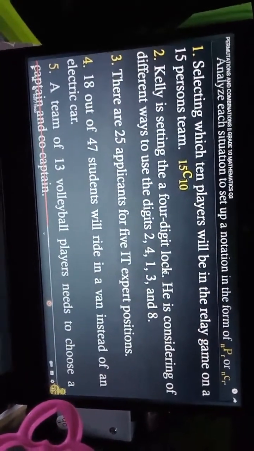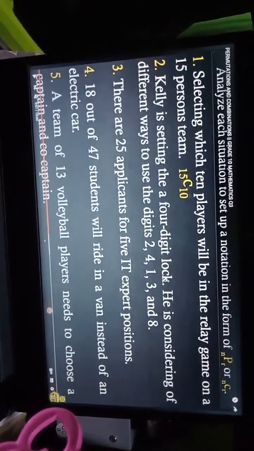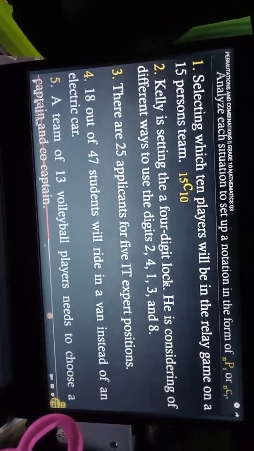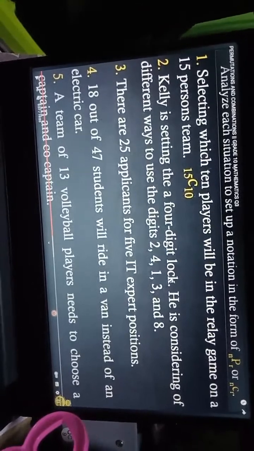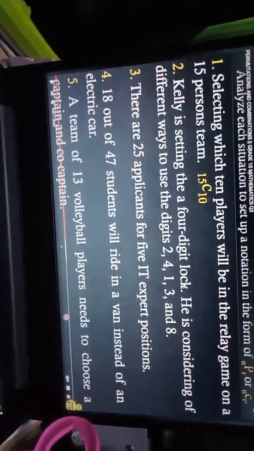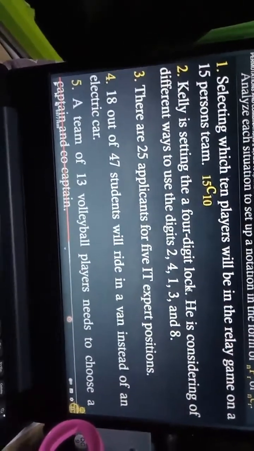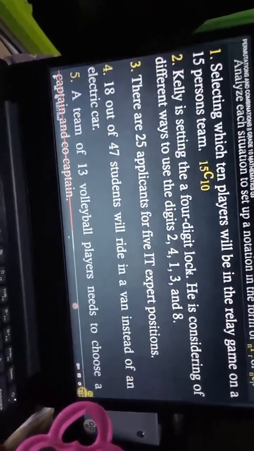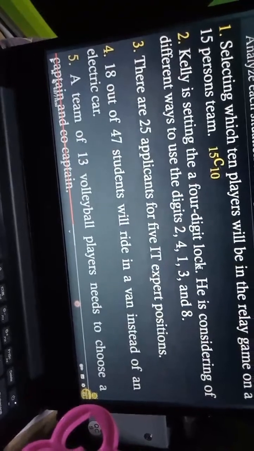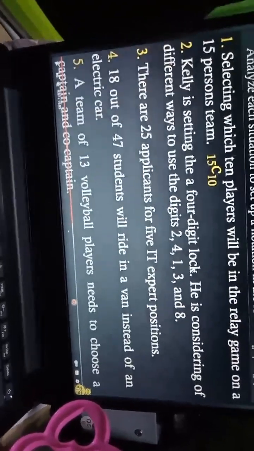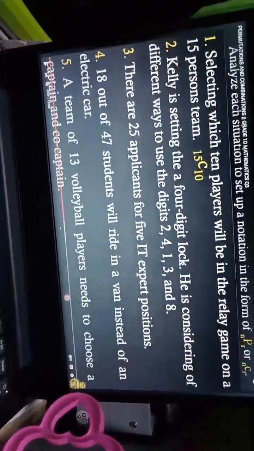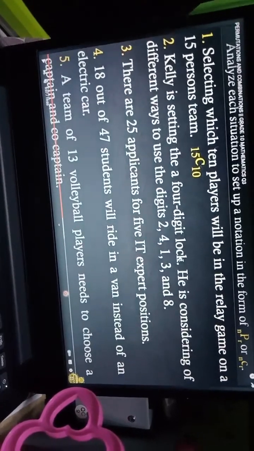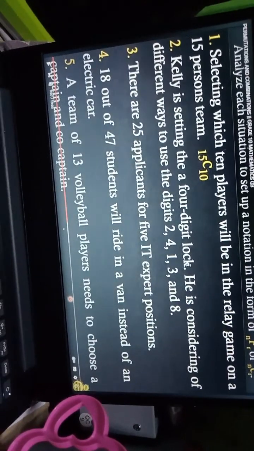Remember those things, guys. Be good in multiplying, because most of the time when you are dealing with combination and permutations, not only addition and subtraction are applicable, but the multiplication type of operation is very significant.